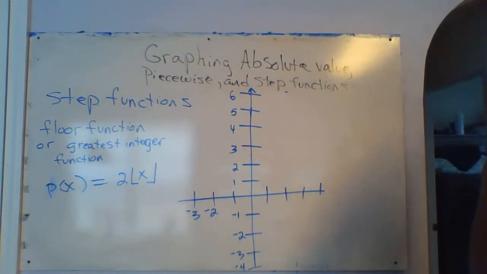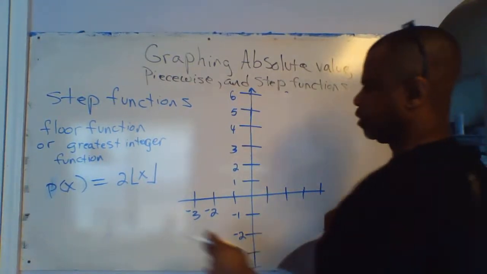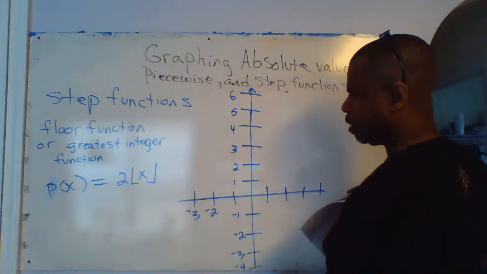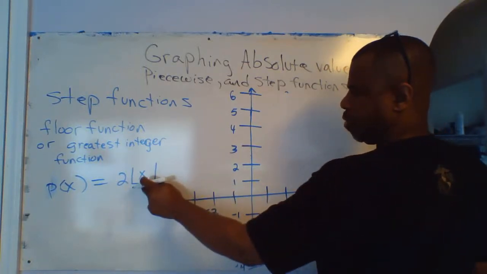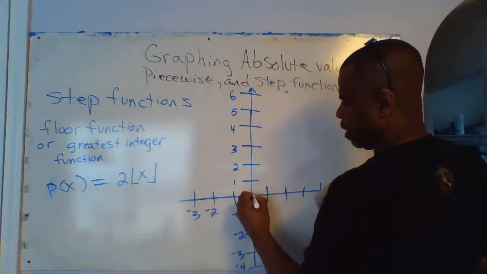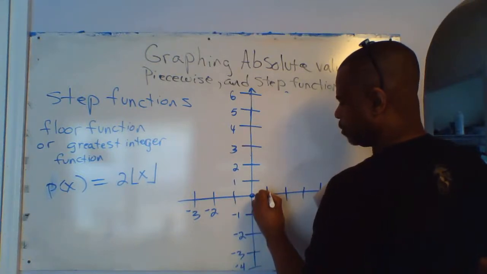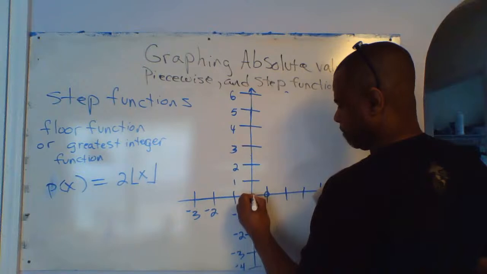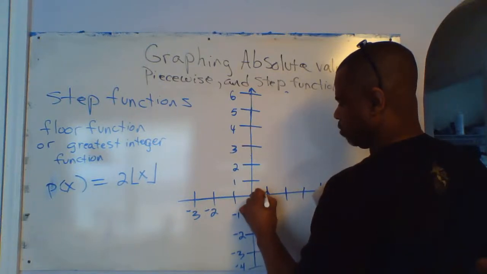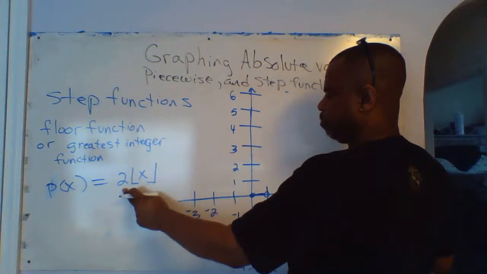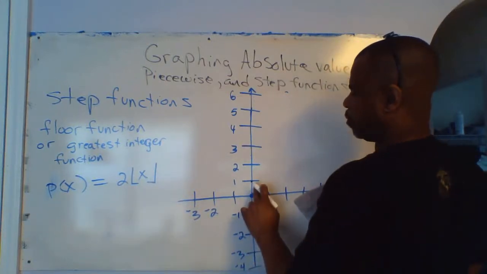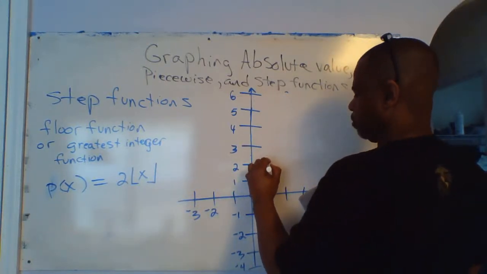All right. So what we want to do here, since this is ceiling, like we normally do, since this is 1x on the inside, we're going to put a closed circle here, open circle at 1. That's it for here. But your y is twice as big. So instead of going up to 1, we're going to go up to 2.